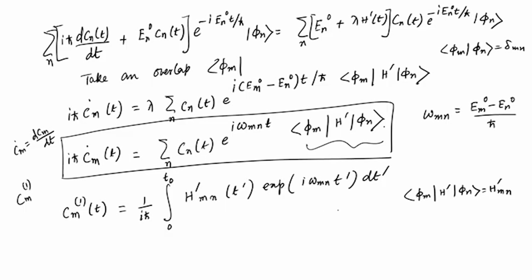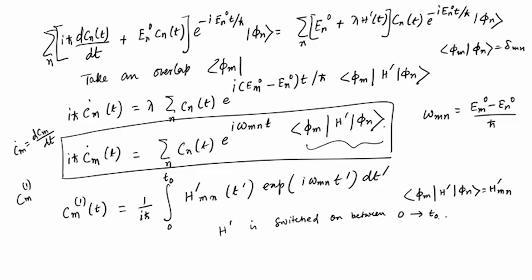And a very important thing is that the perturbation is switched on from 0 to t_0. So, H' is switched on, that is, you apply this perturbation between some initial time, which can be 0 or even minus infinity, so that it is switched on at very large negative times, and then it is only switched on till a certain time.